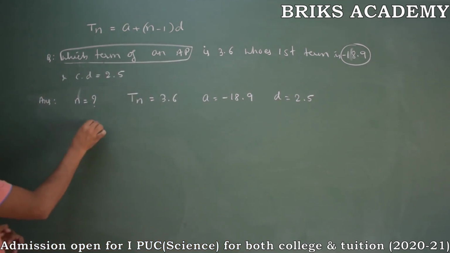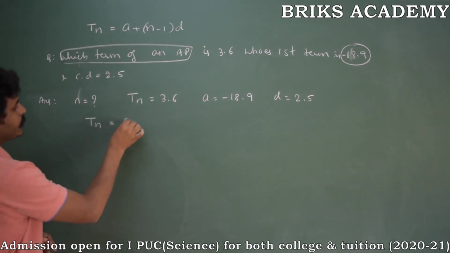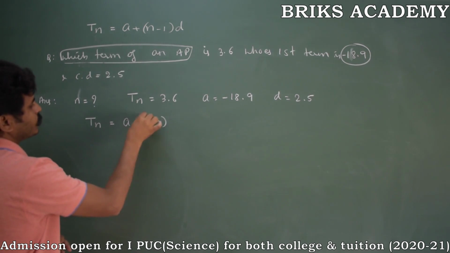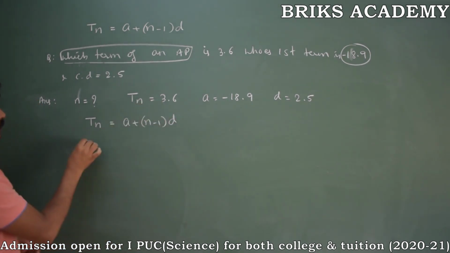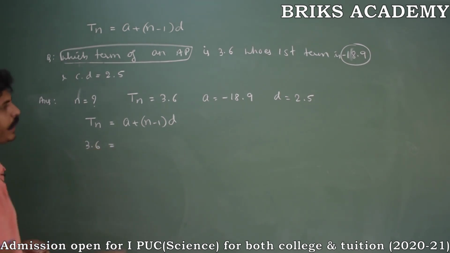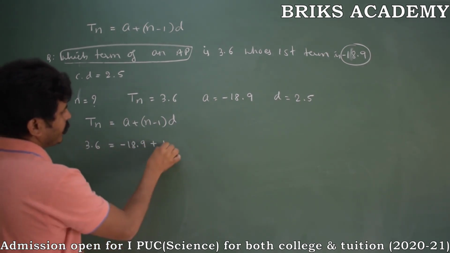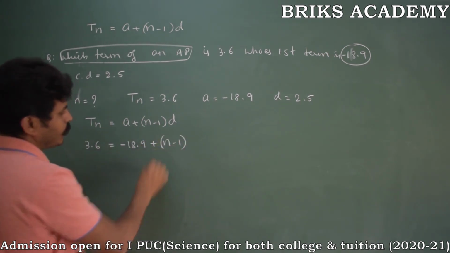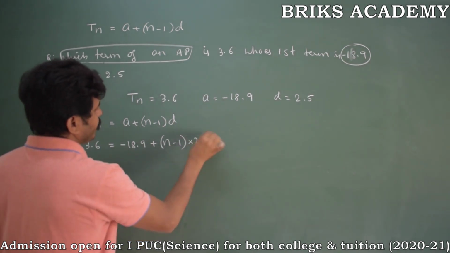What is your nth term formula? Nth term formula is a plus n minus 1 into d. Am I right? What is your nth term here? 3.6 equal to, what is a? Minus 18.9 plus n minus 1, don't forget to put the bracket here, into what is d? 2.5.